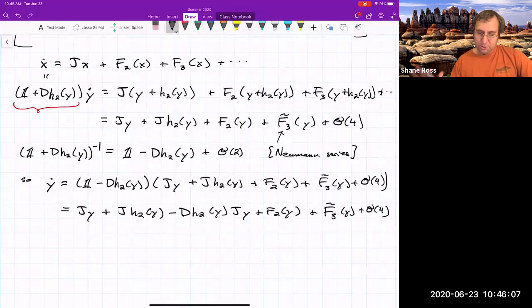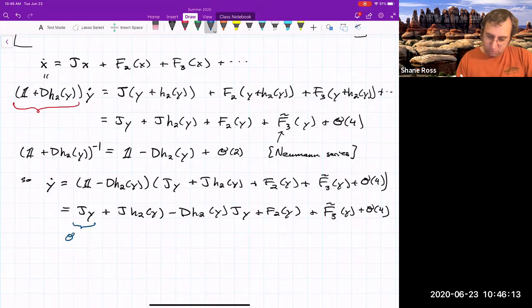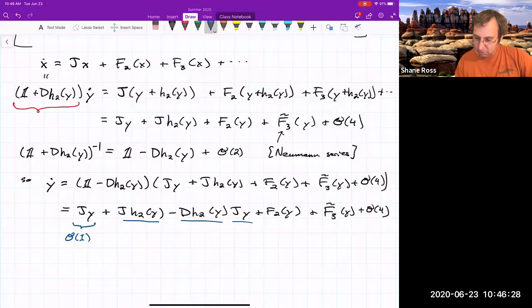Now let's group terms. We've got this term, jy, which is just order 1 in y. What about this term? That's second order in y. dh2y times jy. Taking the derivative makes dh2 order 1, and then jy is also order 1. So this term is order 2, and f2y is also order 2.